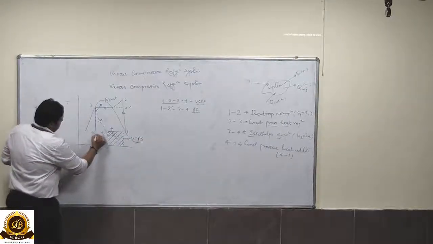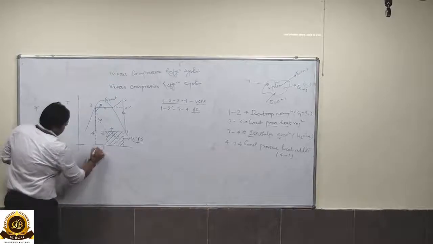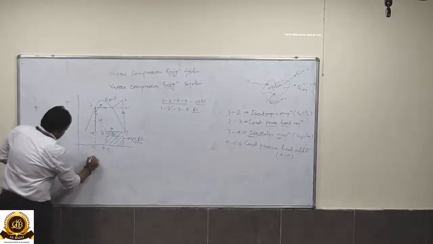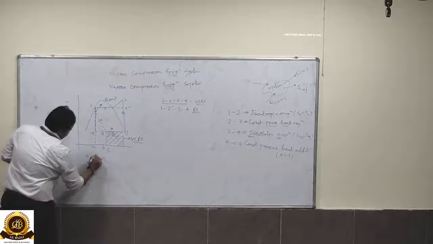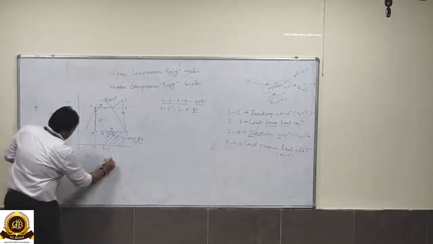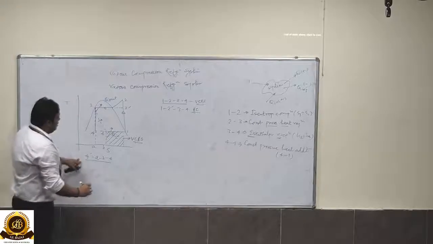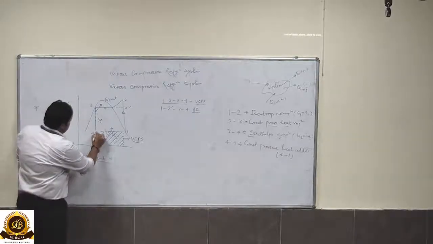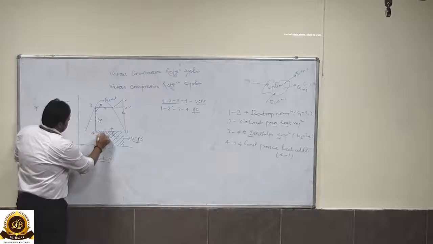while the area 4 dash, 4, 4 dash, A, B and 4, this extra area will also be added in case of reverse Carnot cycle.